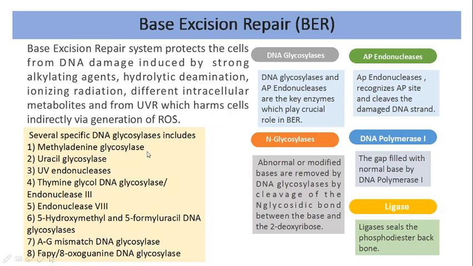Several specific DNA glycosylases have been identified, including methyl adenine glycosylase, uracil glycosylase, UV endonuclease, thymine glycol DNA glycosylase, endonuclease 3, endonuclease 8, 5-hydroxymethyl and 5-formyl uracil DNA glycosylases, AG mismatch DNA glycosylase, and FAPY 8-oxoguanine DNA glycosylase. These also play a major role in base excision repair.